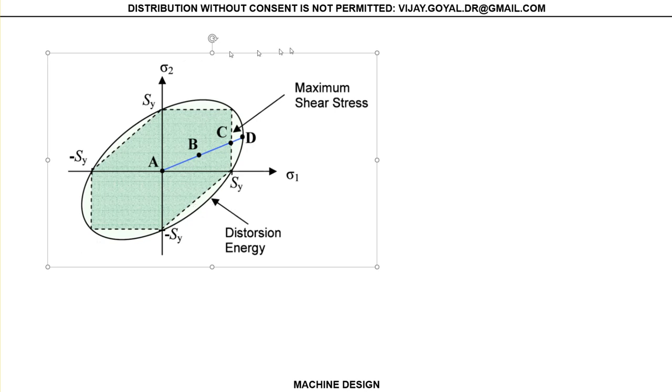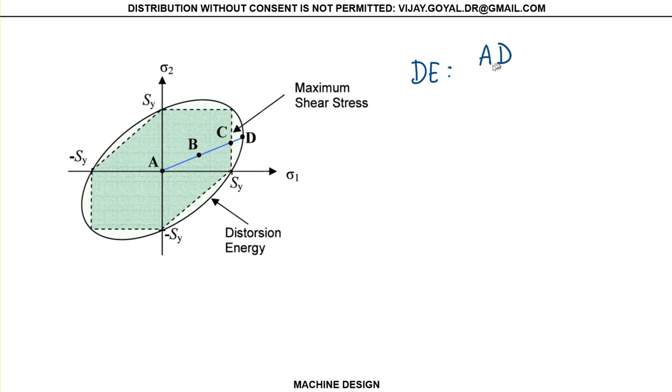For my distortional energy, the maximum I have available is AD. Remember, this is my distortional energy line. So this is the maximum strength available.